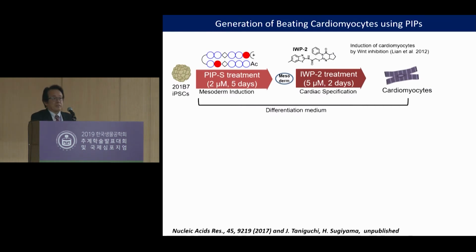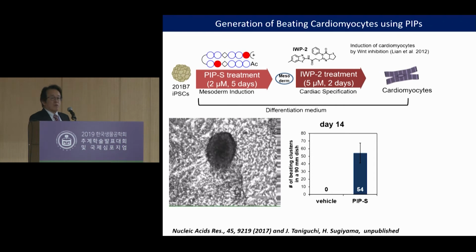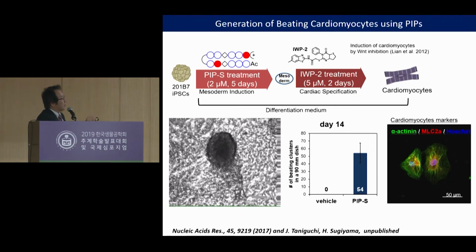And usually mesoderm can be converted to beating cardiomyocytes using a Wnt signaling inhibitor like IWP2 shown here. So we treated the iPS cells with this polyamide and then with IWP2, and we can get the beating cardiomyocytes shown here. The number of colonies of beating cells is quite good, and cardiomyocyte markers are also expressed, which confirms this is a cardiomyocyte.